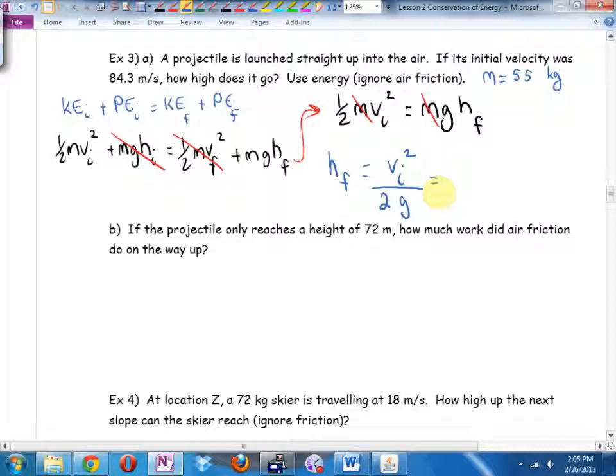What's Vi? 84.3 squared all over 2. Energy, scalar or vector? So don't put a negative. Just plain old 9.8.